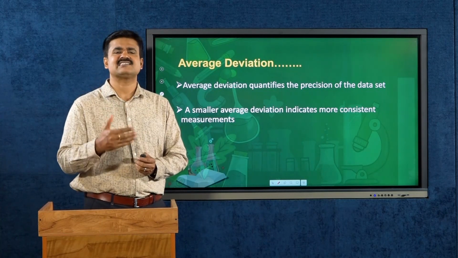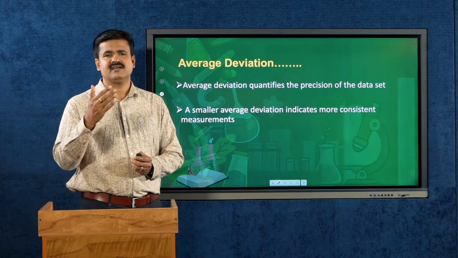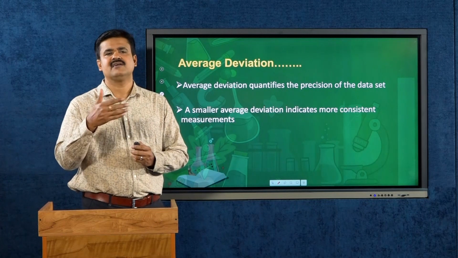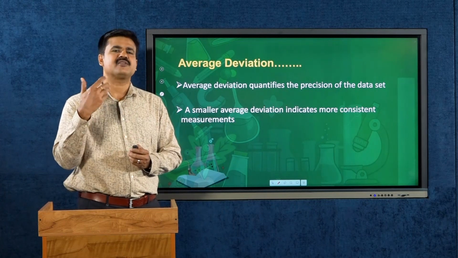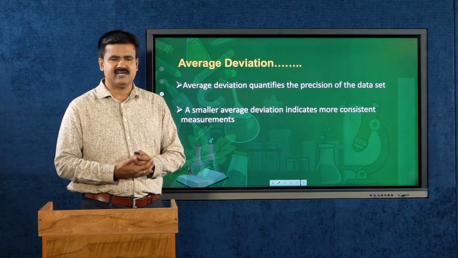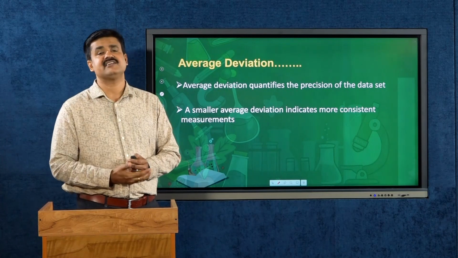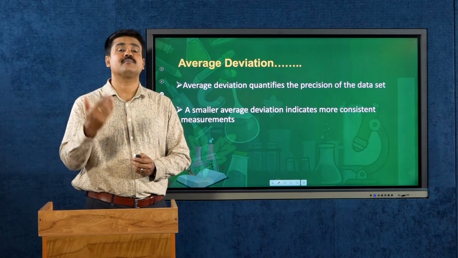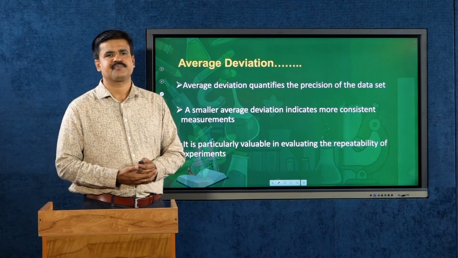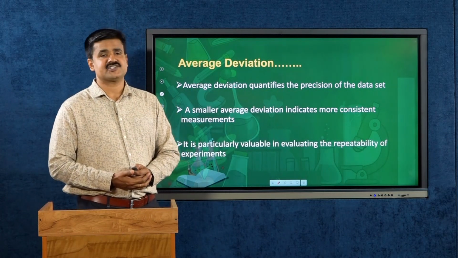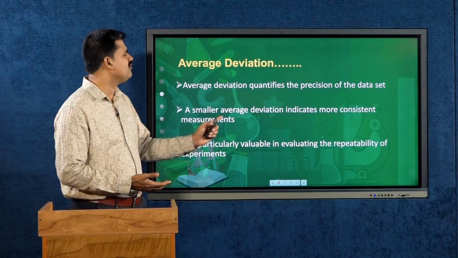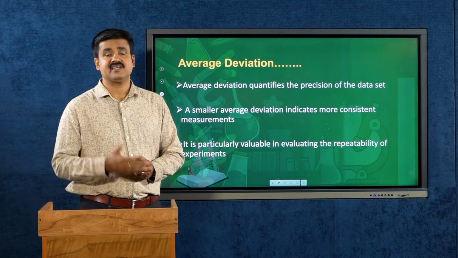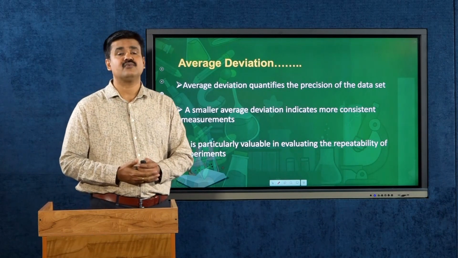Precision indicates the repeatability of data in a set of measurements, the closeness of different values whenever you perform more than one analysis. A smaller average deviation indicates more consistent or more precise measurement. This average deviation is practically valuable in evaluating the repeatability, that is precision, of experiments.